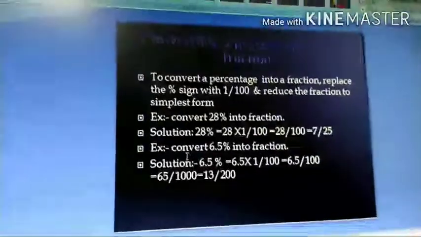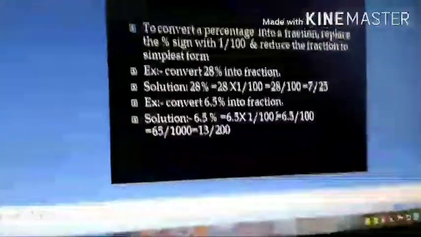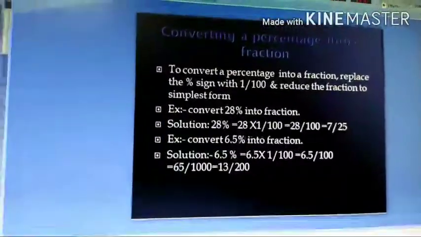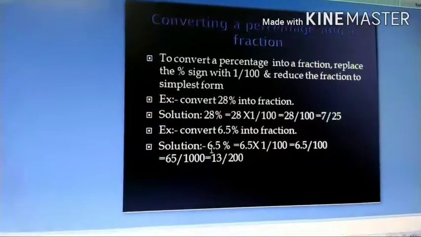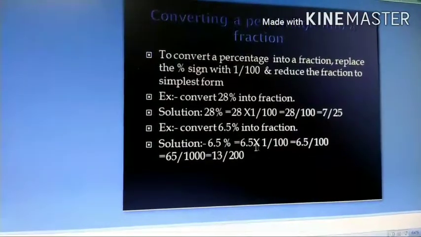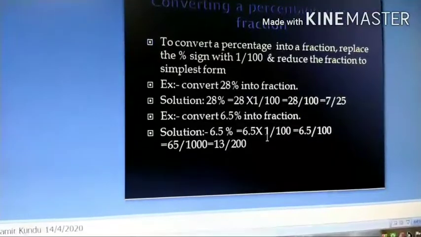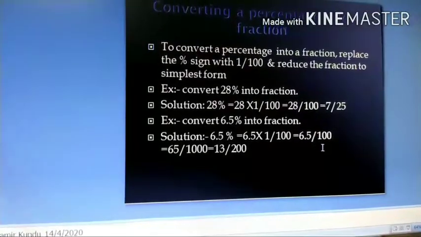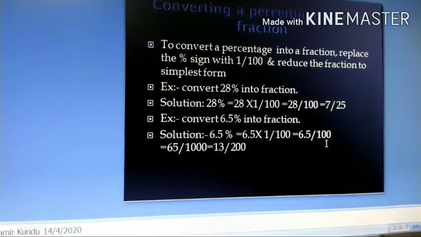Second, another example, convert a decimal fraction 6.5% into a fraction. Then a similar method you can apply. 6.5%, that is 6.5 multiplied by 1 by 100, that is 6.5 by 100.